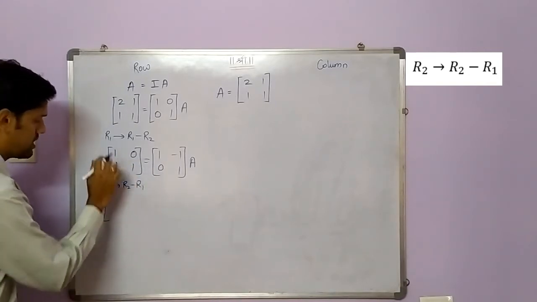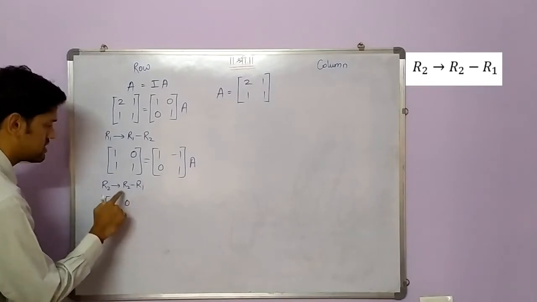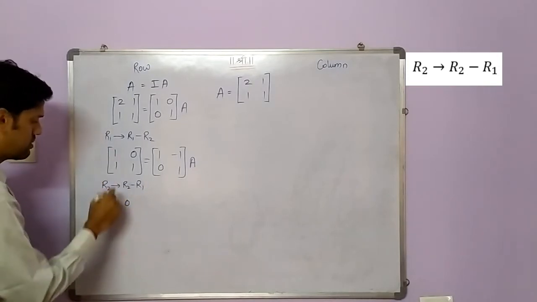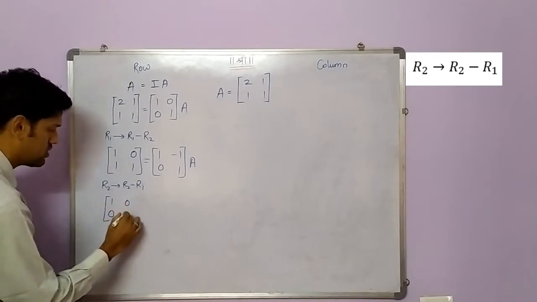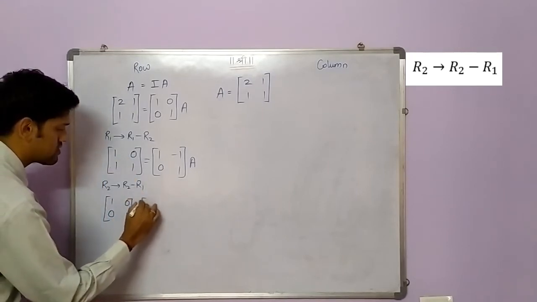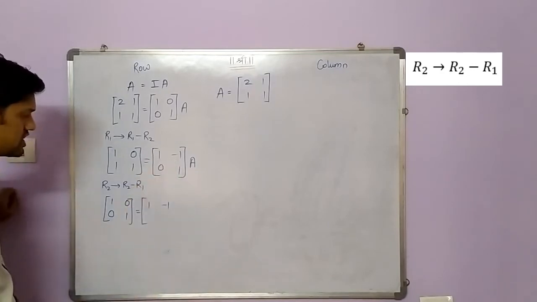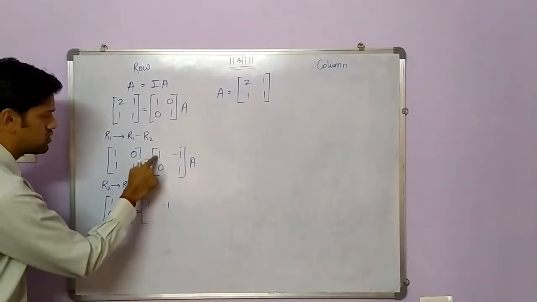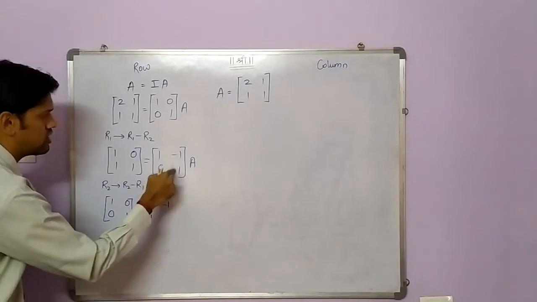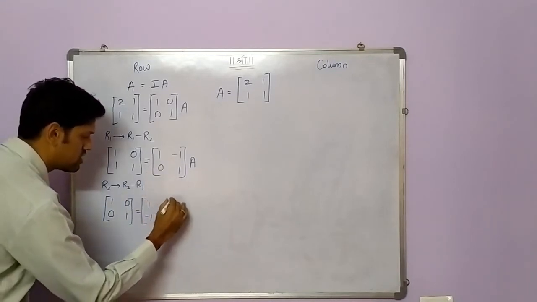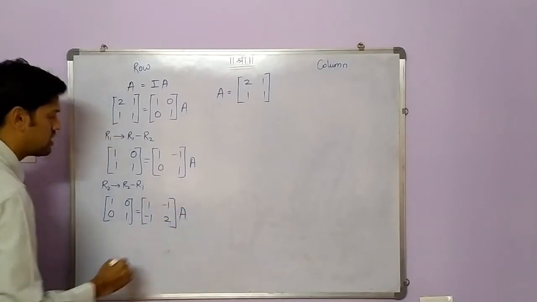R2 minus R1, so 1 minus 1 is 0, and row 1 will remain as it is. I am just changing R2. 1 minus 1 is 0, 1 minus 0 is 1. This is equal to, first row will remain as it is because I am not changing it. R2 will become 0 minus 1, which is minus 1, and 1 minus of minus 1 is 2, into A.